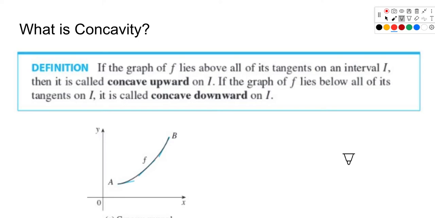But this is an example of a concave up. Here's an example of concave down. The function itself is still increasing, but it's slowing down. So it's increasing at a decreasing rate. It's decelerating, it's slowing down. Okay, and so that gives us a concave down.